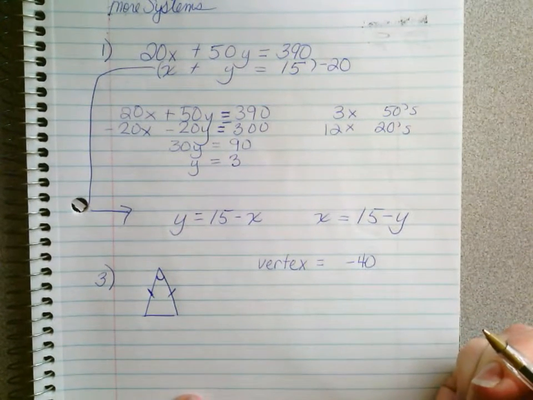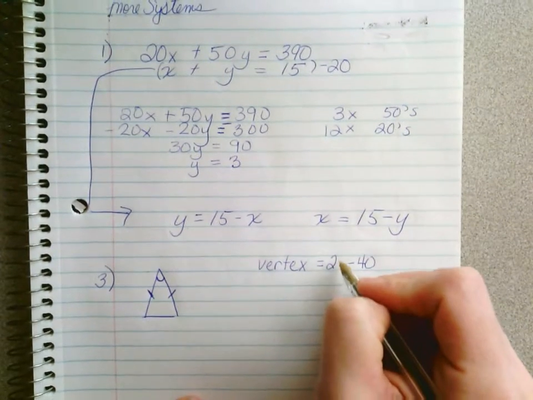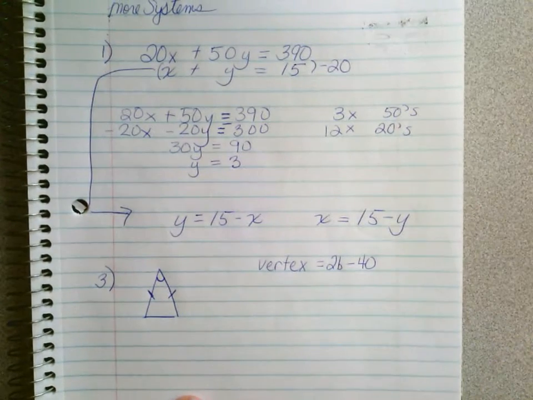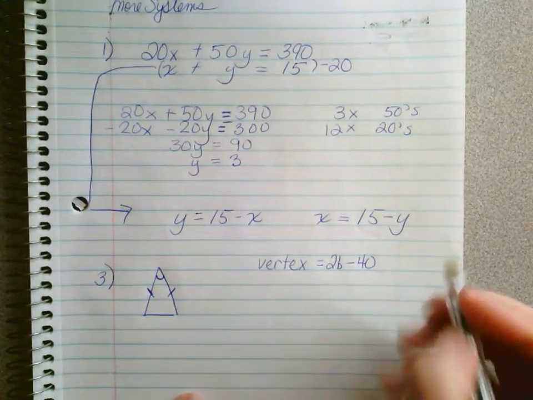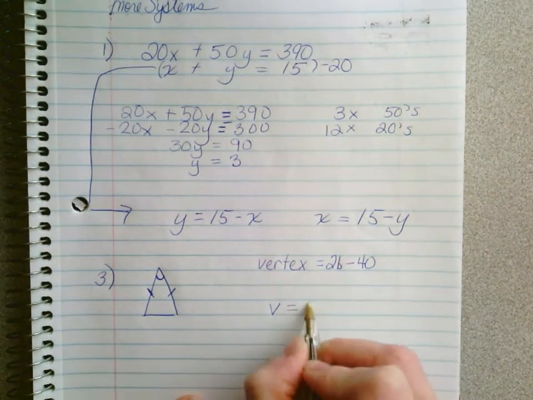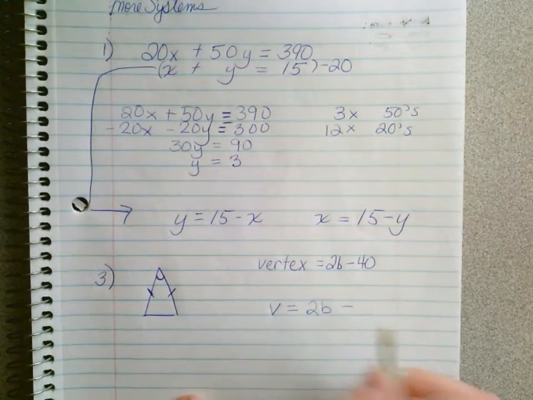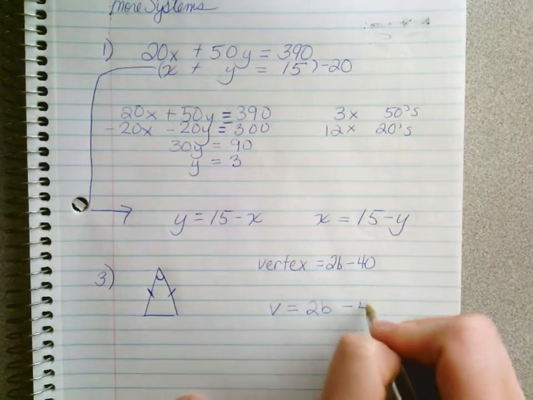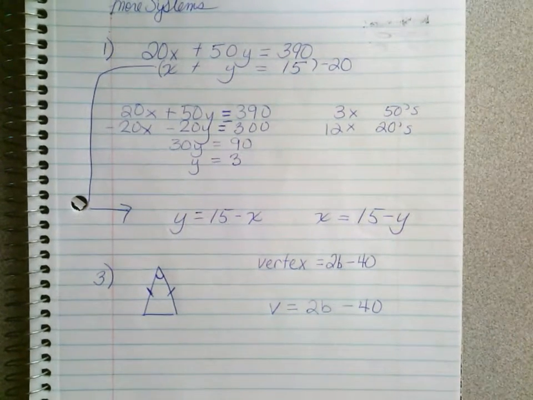The vertex is 40 less than the sum of the bases. Am I right about this? Okay, so I know one thing about this. It doesn't look pretty, but it makes sense.